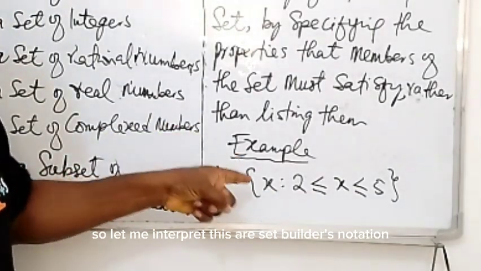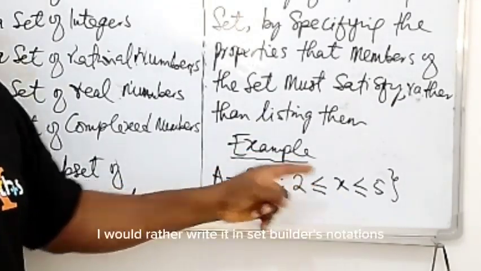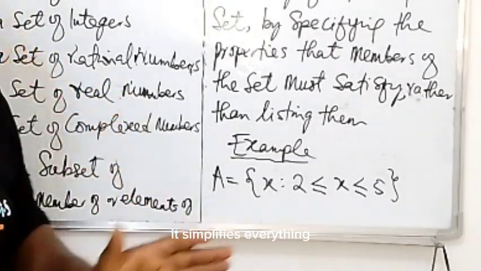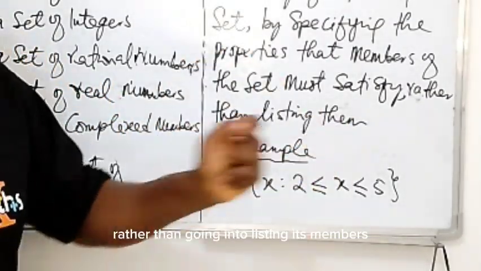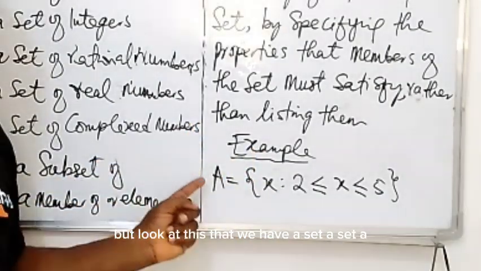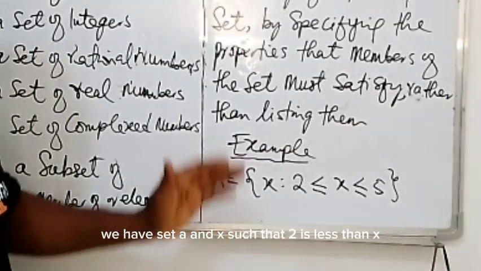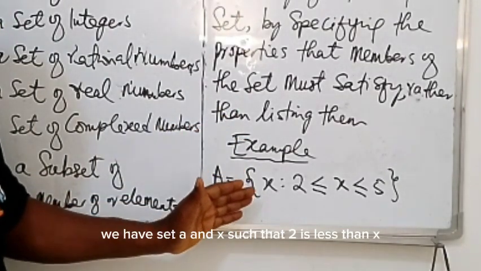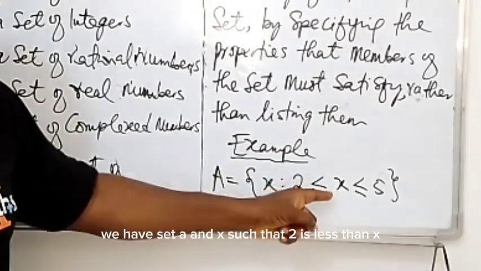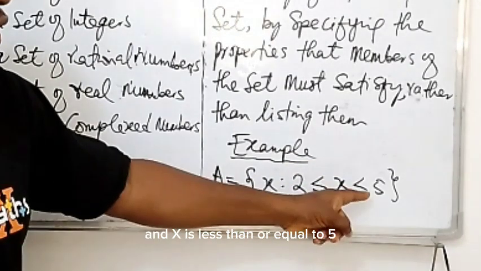So let me interpret this as set builder notation. Instead of listing the members of this set, I would rather write it in set builder notation. It simplifies everything rather than going into listing its members. I will list it for you anyway, but look at this: we have a set A, and X such that 2 is less than or equal to X, and X is less than or equal to 5.